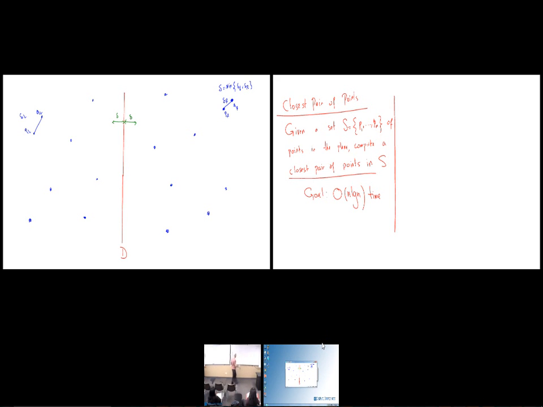Then any pair that comes from either side of the line that potentially could beat the delta has to be confined inside these two vertical lines within distance delta from this line D. So let's draw two lines parallel to this here.